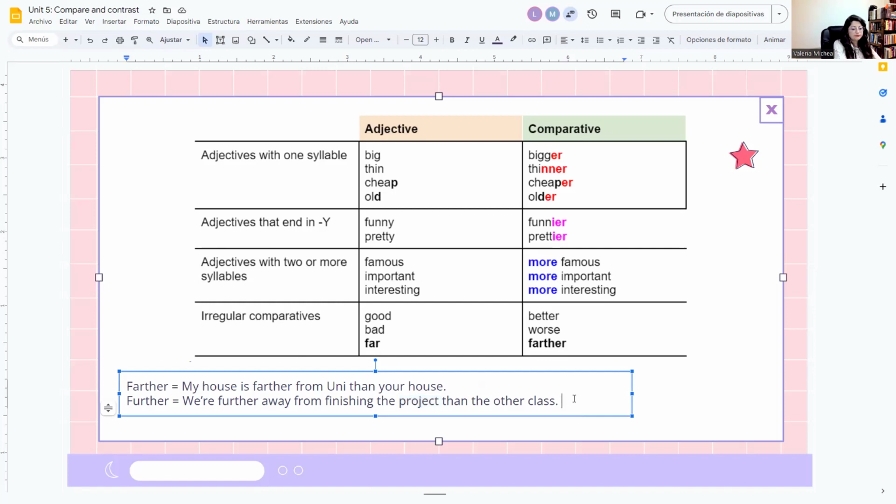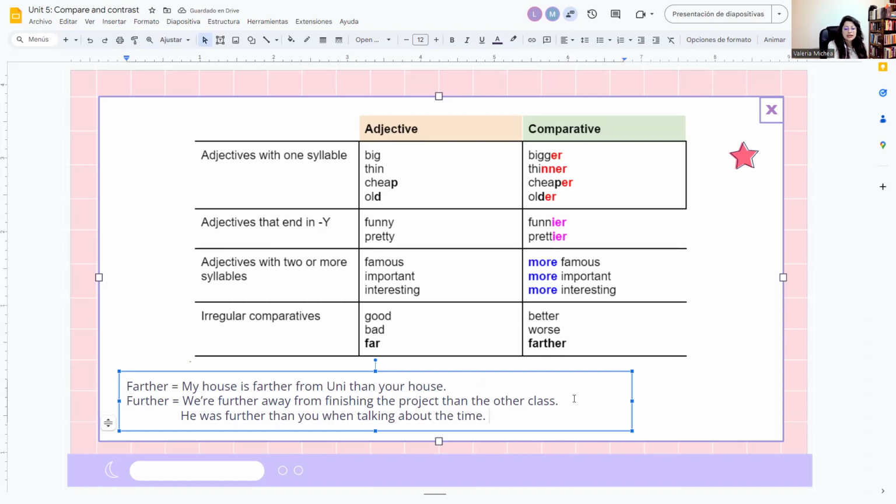Or he was further along the time, for example. The time is an abstract idea, like love, happiness, etc.